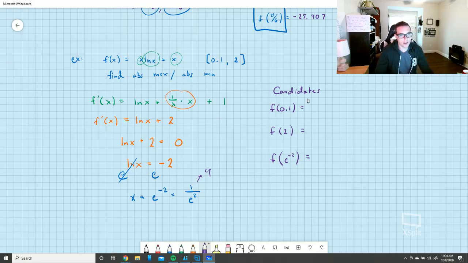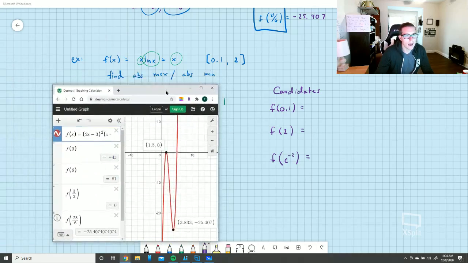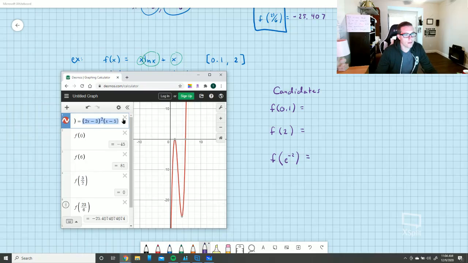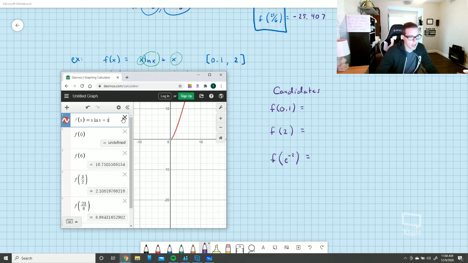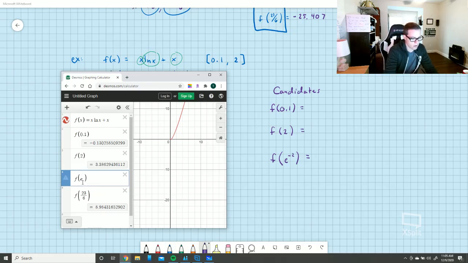We're trying to figure out these values in the original function. So we'll bring it back: x ln x plus x. 0 is undefined, like I said, but we didn't do that. We did 0.1, f of 2, f of e to the negative 2.